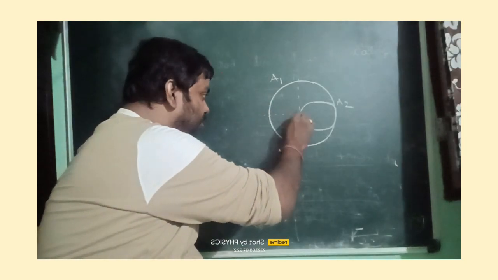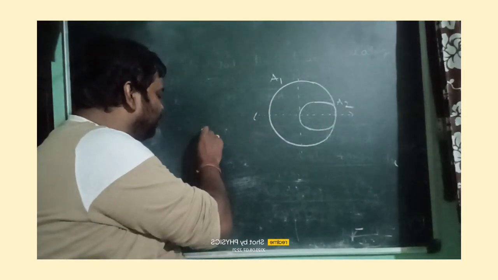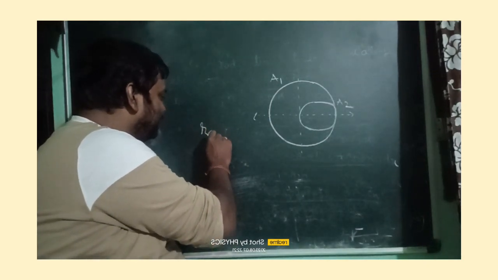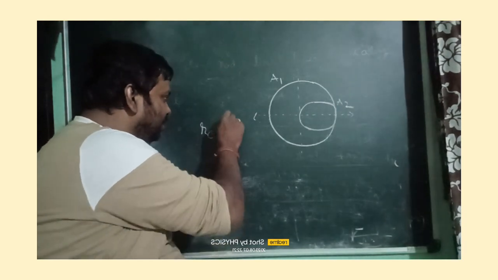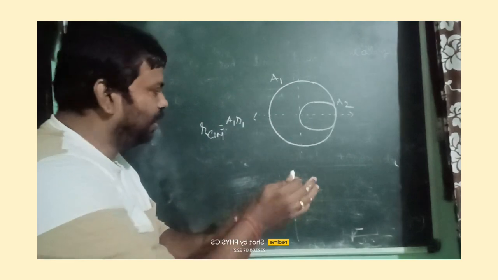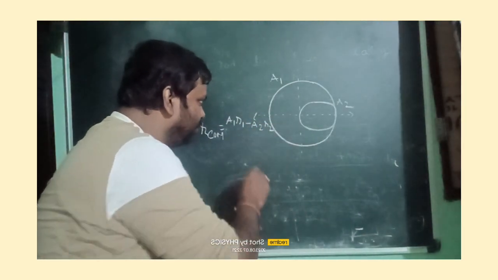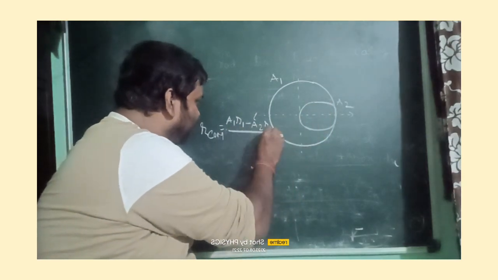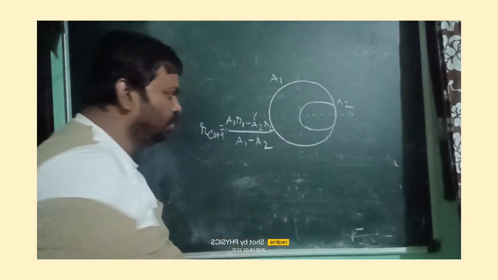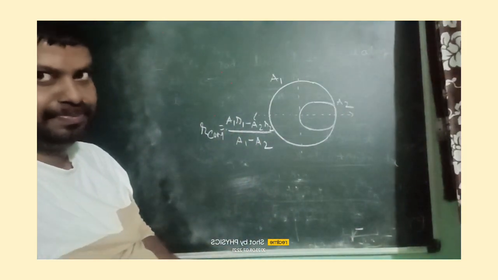We can solve it easily. For the same position of the center of mass, RCOM, we can write A1 R1, and the scooped-out part must be subtracted, that is A2 R2, the position of the scooped-out part, divided by A1 minus A2.